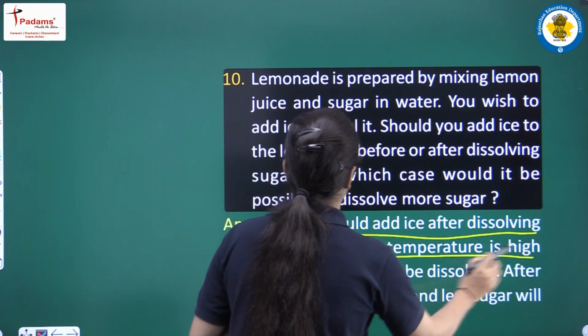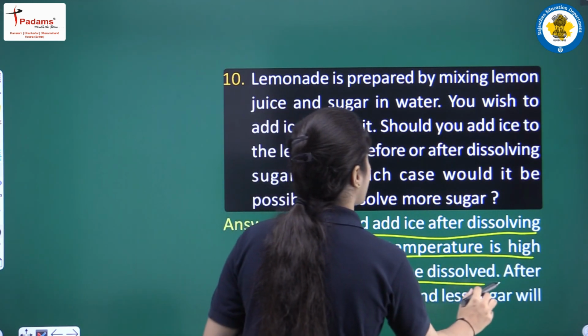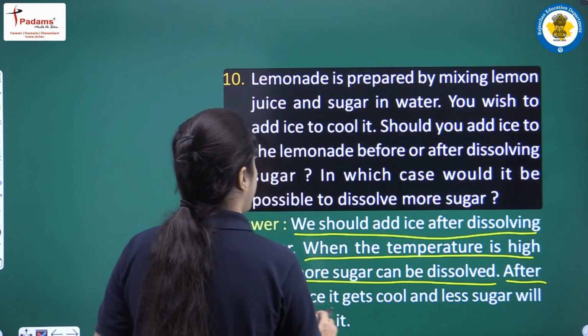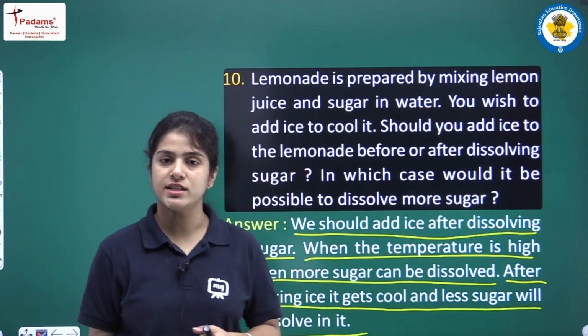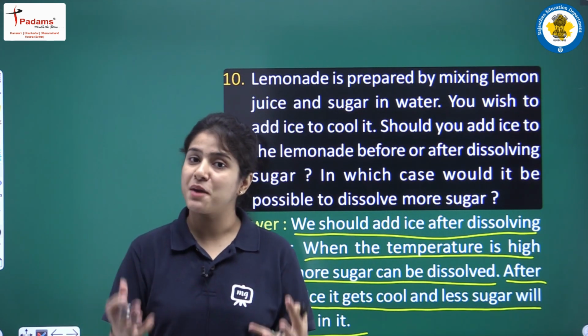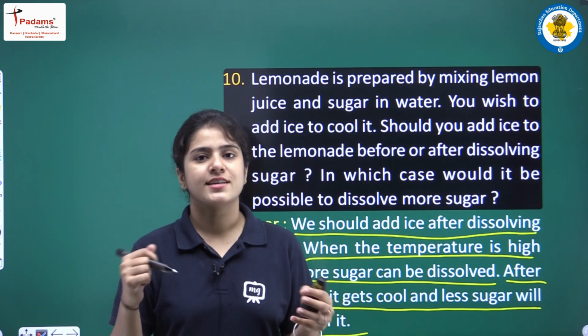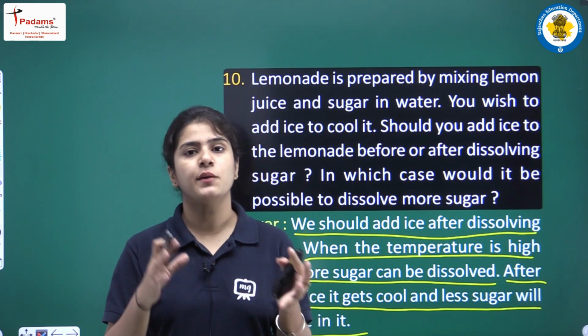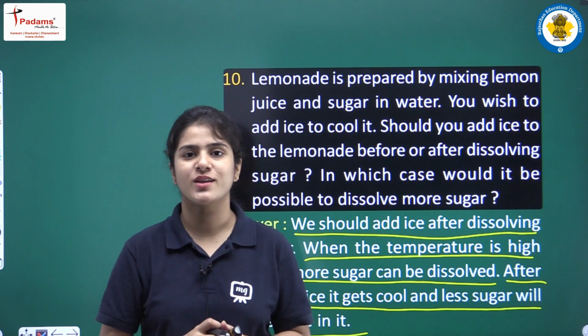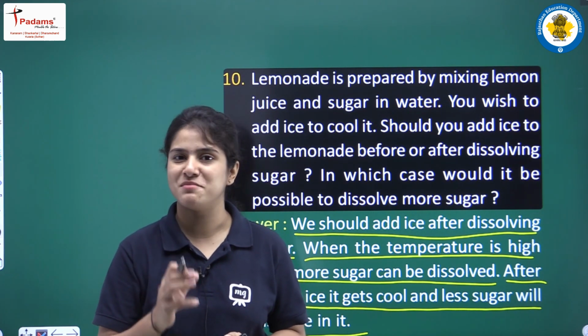When the temperature is high, more sugar can be dissolved. After mixing ice, it gets cool and less sugar will dissolve in it. So you should dissolve the sugar first, and then add the ice cubes. Remember how to make lemonade properly.